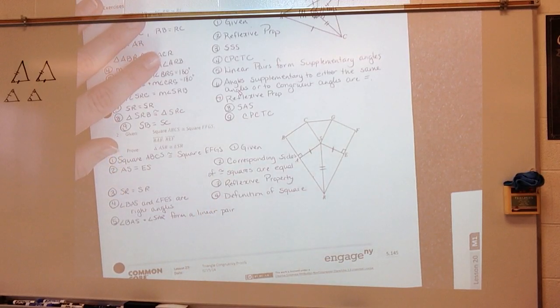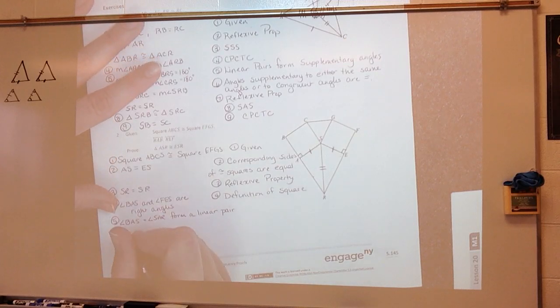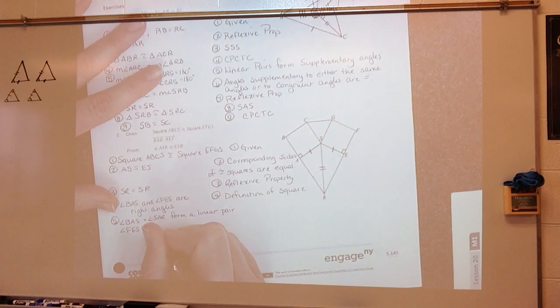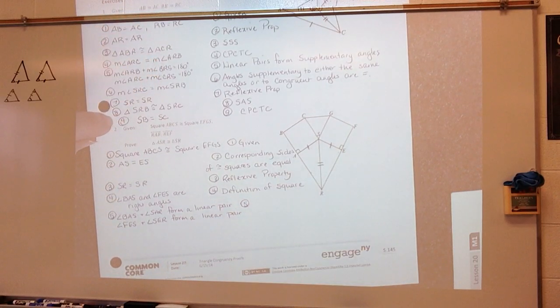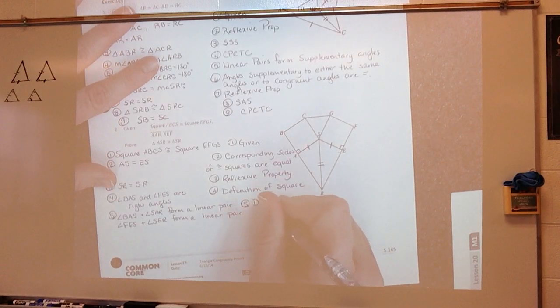And I'm going to go ahead and combine this into one step. Angle FES and angle SER form a linear pair. Alright? And that's simply the definition of a linear pair.